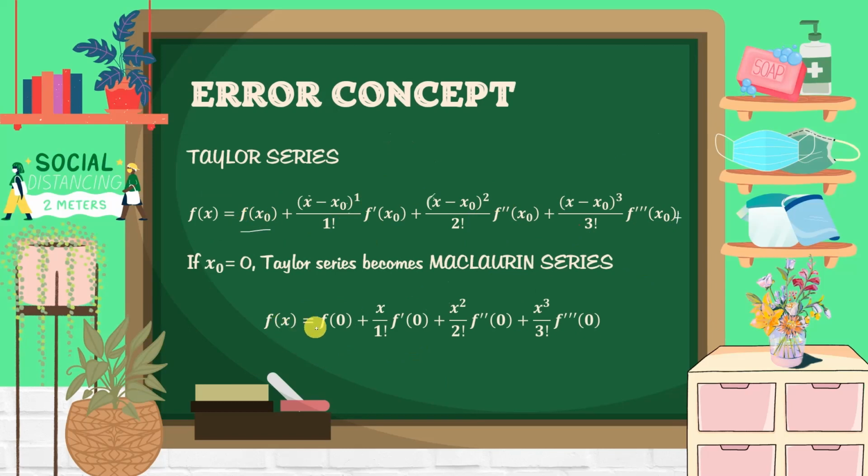It will be f of x is equal to, instead of x sub 0, f of 0 plus x, because it will be 0, over 1 factorial times the first derivative of f at 0, plus x squared over 2 factorial, the second derivative at 0, plus x cubed over 3 factorial multiplied by the third derivative at 0, and so on and so forth until x raised to n over n factorial multiplied by the nth derivative of f at 0.